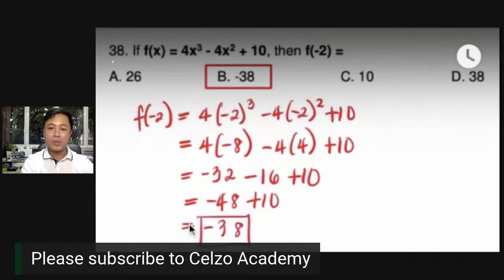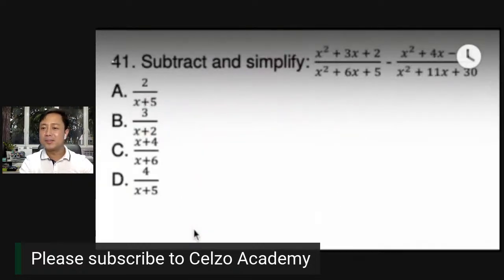All right, ready for the next question? Here we go. Oh, natakpan na naman yung isa. Hold on. The last part is minus 24. The last expression is x squared plus 4x minus 24, all over x squared plus 11x plus 30.